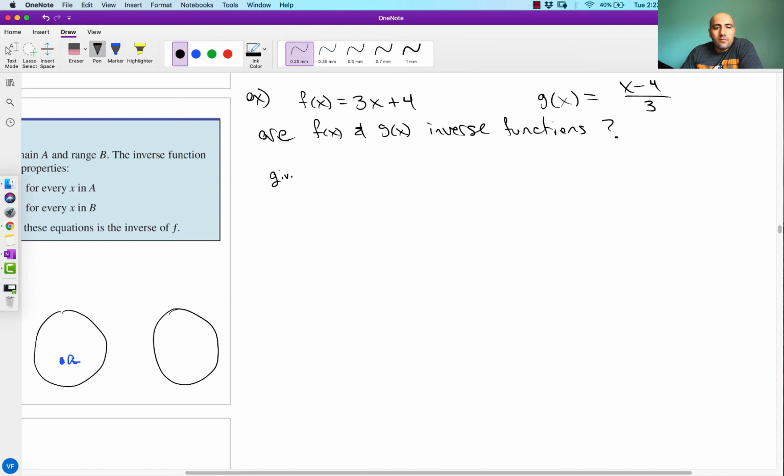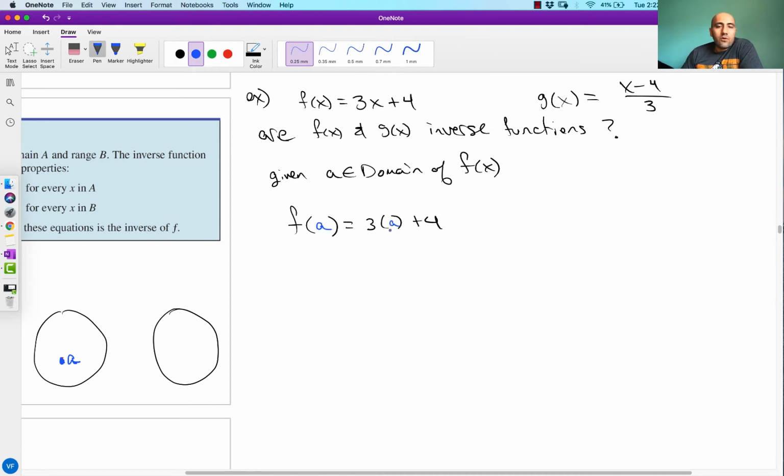Given a as a member of the domain of f of x, then I'm going to plug it in. I'm going to get f of blank equals 3 times blank plus 4. And the thing I plugged in was that a.